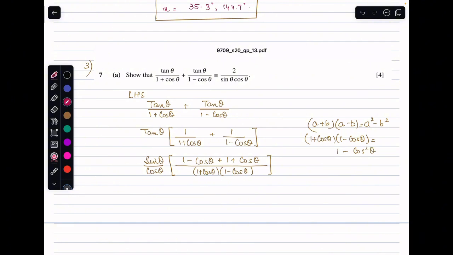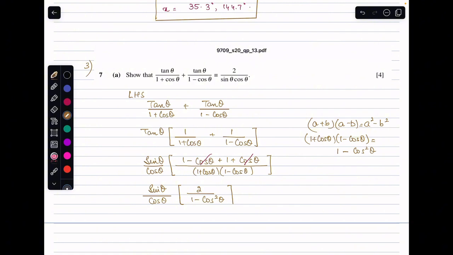So what I see here is that the cos theta gets simplified, and I'm left with sine theta over cos theta times 1 plus 1, which is 2, divided by 1 minus cos square theta.